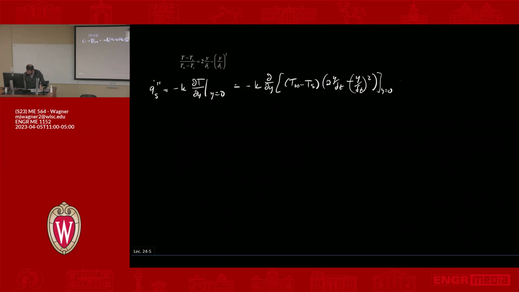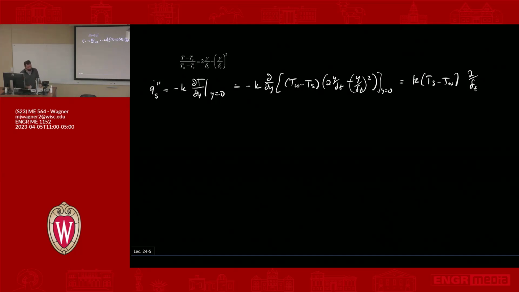And then that has to equal, that simplifies down to, k times Ts minus T infinity times 2 over delta t, right? Because T infinity minus Ts is constant. You take the derivative of this stuff, and then you end up with what's over here. So that's just Fourier's law.